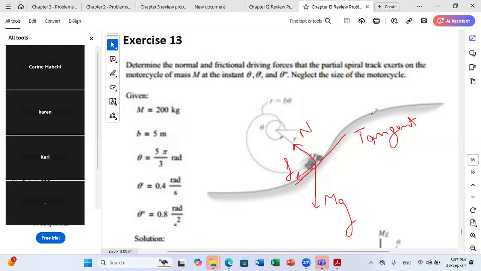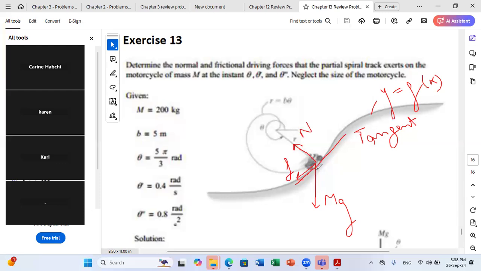If I have the equation of this line as y function of x, then I use normal tangential coordinates because I know that an is v squared over rho and I can get rho. But here, no. They gave me the path of motion in cylindrical coordinates.